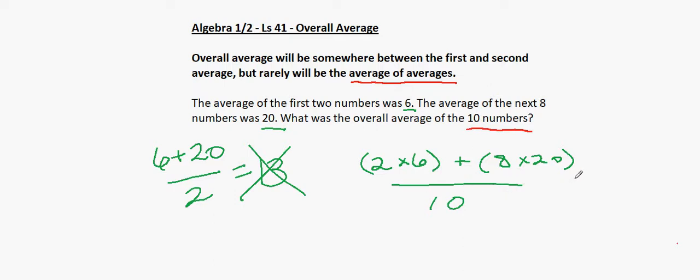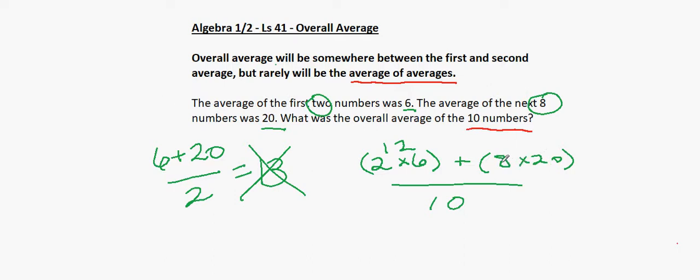We compute the overall average the same way we compute any average. The average is always the sum of the numbers divided by the number of numbers. Number of numbers, easy. I get that from 2 and 8, 10 total numbers that we're finding an overall average. And then we're finding the sums of the two sets. The average of the first two numbers was 6, so their sum was 2 times 6, or 12. And the average of the next 8 numbers was 20.